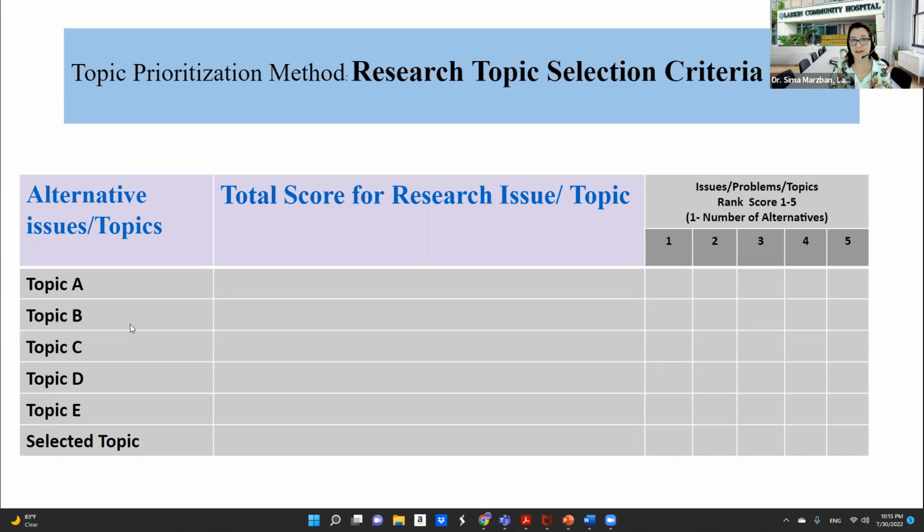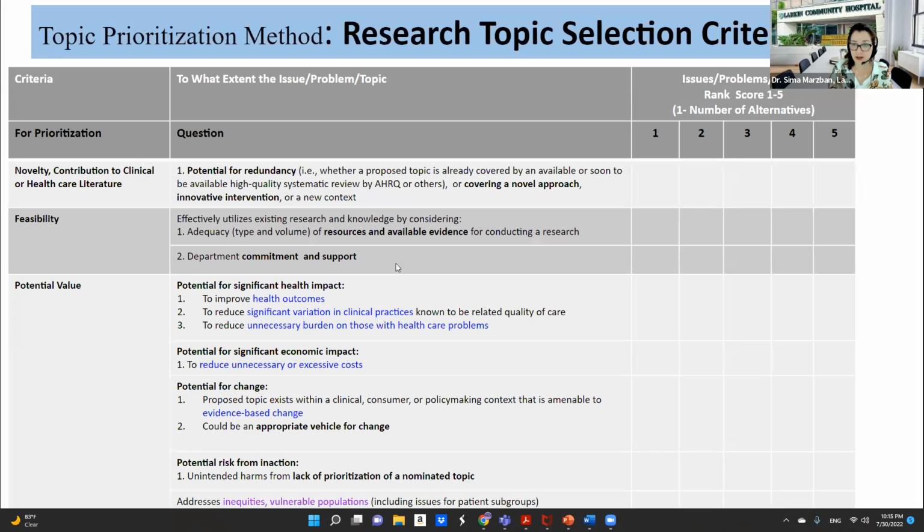So these are the criteria for prioritization. When you have listed potential topics from the resources that we discussed, potential topic A, topic X, Y, everything, then you have a list of those. Total score for research issues.